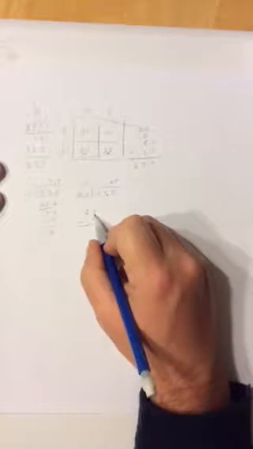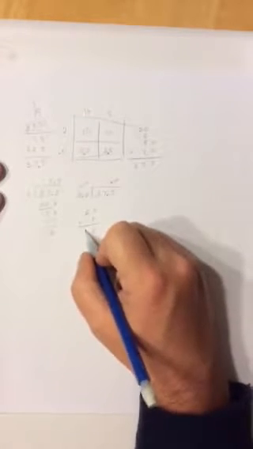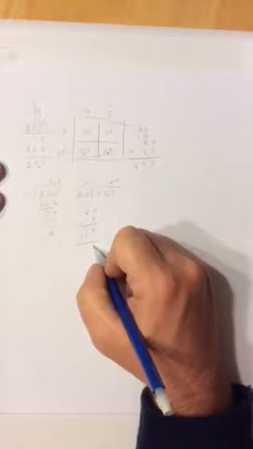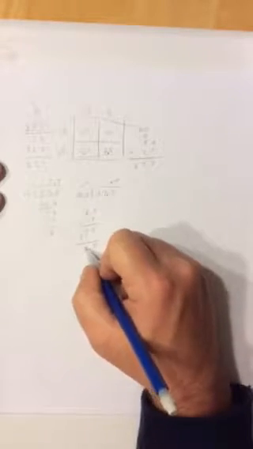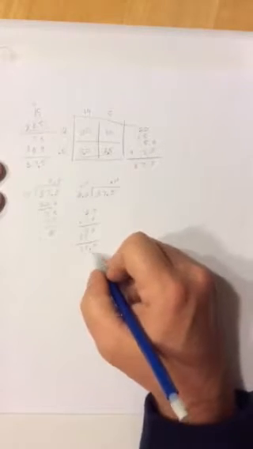times 10, 5 times 0 is 0, 0 times 2 is 0, 1 times 5 is 5, 1 times 2 is 2, and guess what? I have 0, 5, 2. I have one decimal place that I'm working with, so I come over and drop my decimal point behind.